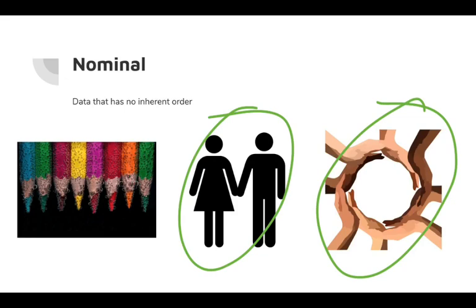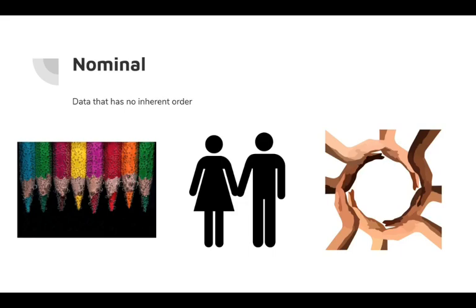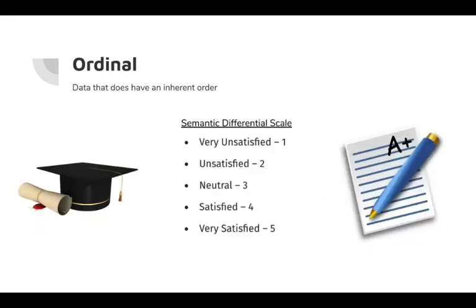Now, the same isn't true when we look at ordinal variables. Hence, right, ordinal has the word order hiding in it a little bit. So this is data that does have an inherent order. Examples of these types of things are levels of education, right?